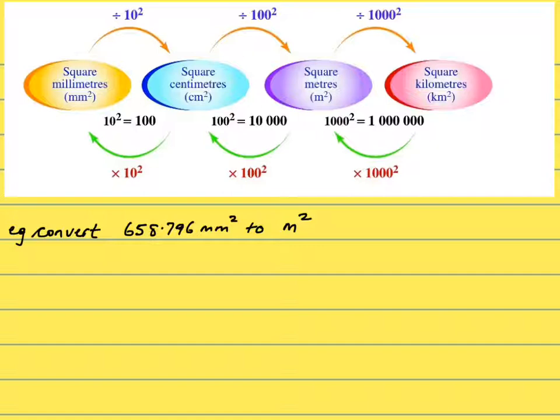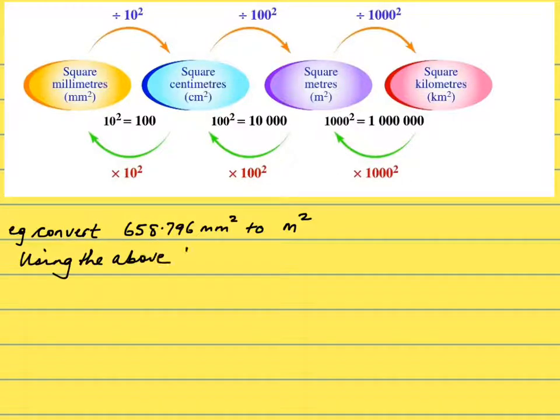What have we got to do to go from square millimetres on the extreme left to square metres, which is the second from the right, or 2 over from the one on the extreme left? So that means we've got to divide. The yellow steps there are the ones we go by this time to get 2 spots over to the left to the purple shape where we've got square metres.